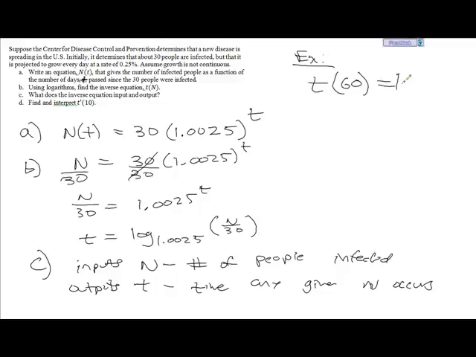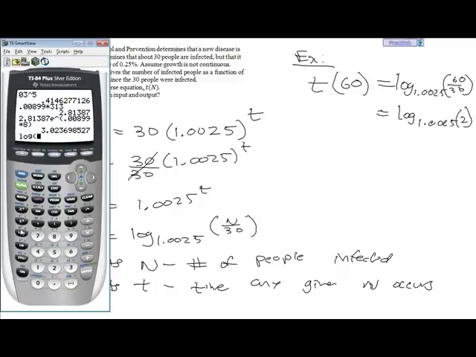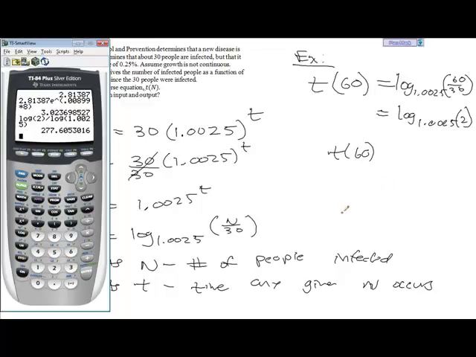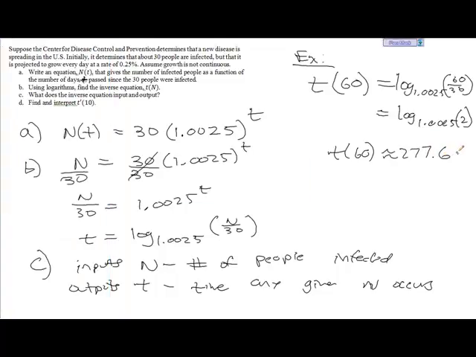Well, now I can figure that out by taking log base 1.0025 of 60 over 30, so I'm going to be finding log base 1.0025 of 2, and I have to use change of base here, so I'll do log of 2 divided by log of 1.0025, and I get t of 60 is approximately 277 days, or 277.6 days for 60 infected to take place.